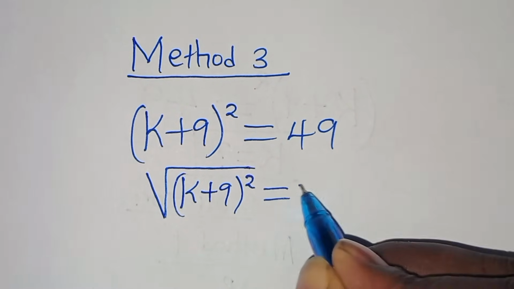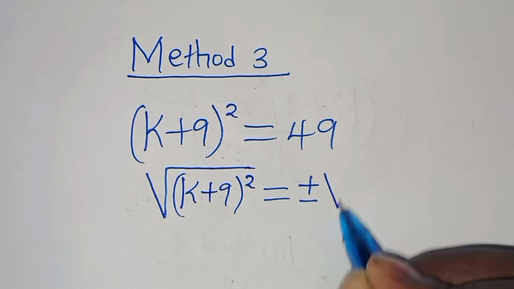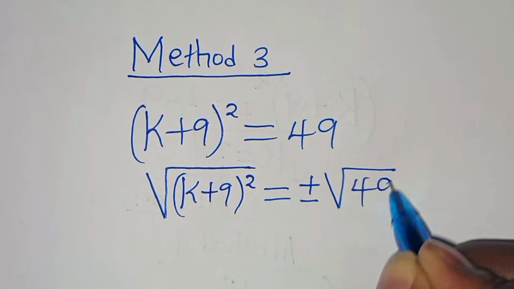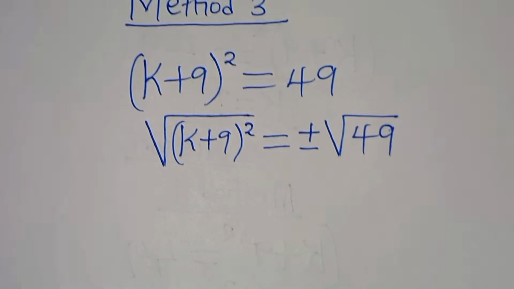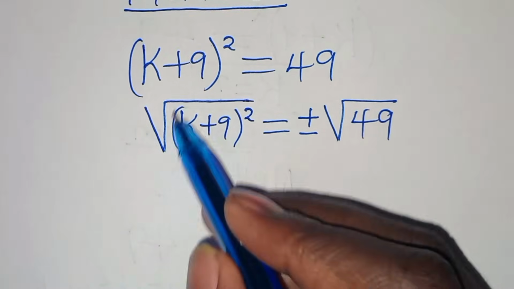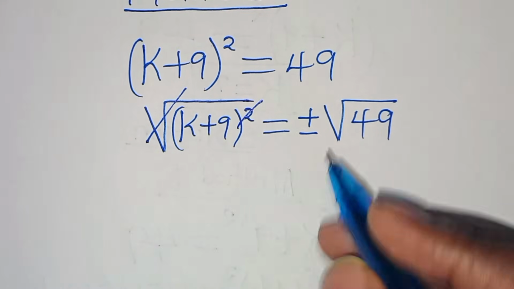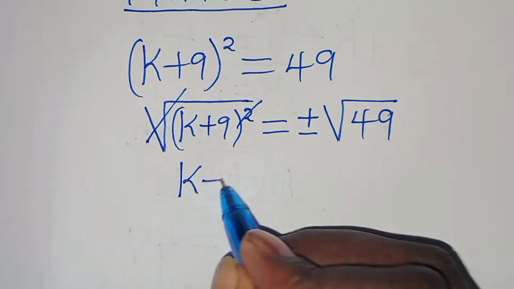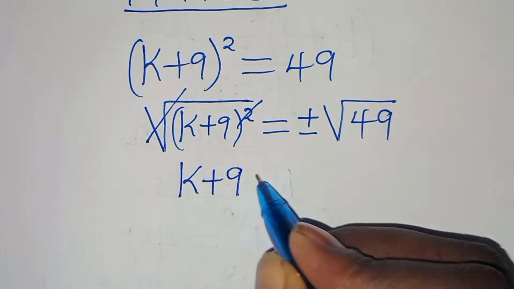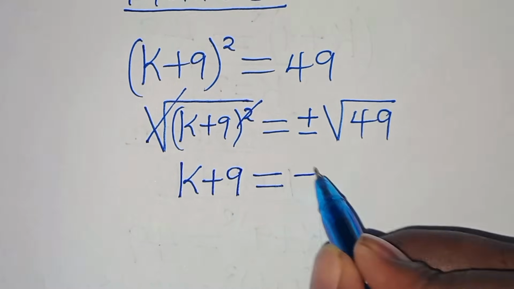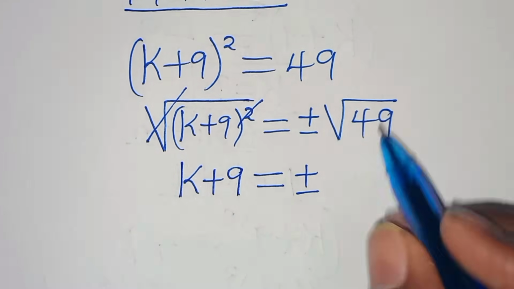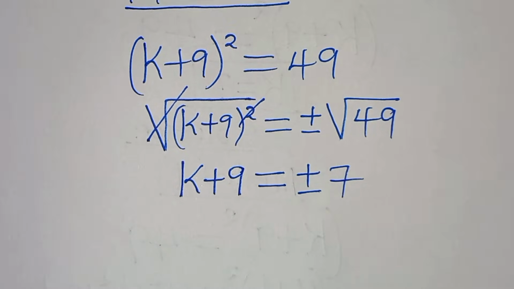This is equal to plus or minus the square root of 49. This implies that we can eliminate the square root sign here, so that now we have k plus 9. This is equal to plus or minus the square root of 49, which is 7.